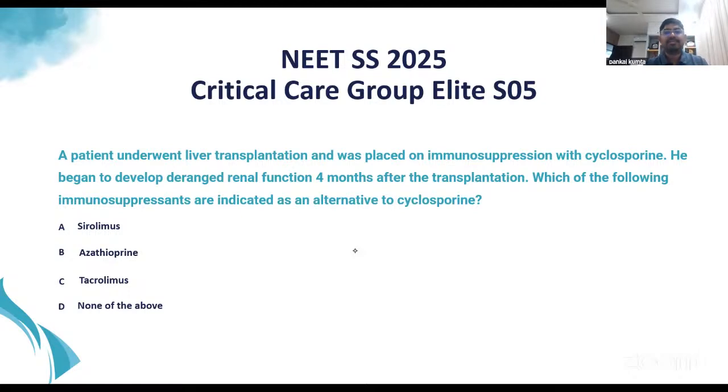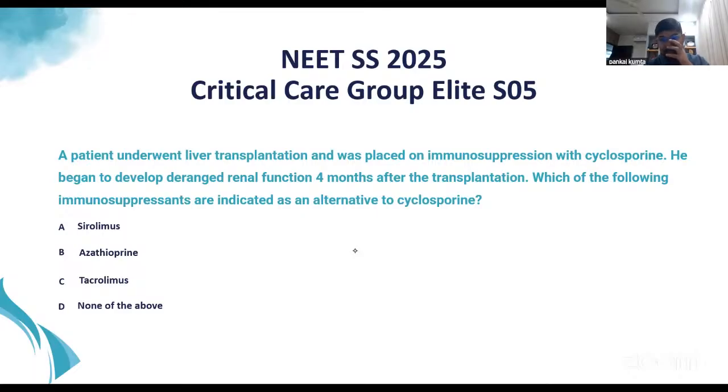So the liver is having a problem, so here we are looking at a side effect of the drug. We are assuming they have not mentioned any other challenge, only a drug-related issue. Immunosuppression with cyclosporin or tacrolimus generally affects the kidneys. So any TAC or cyclo options are out. Next, you need to look for a better immunosuppressant.